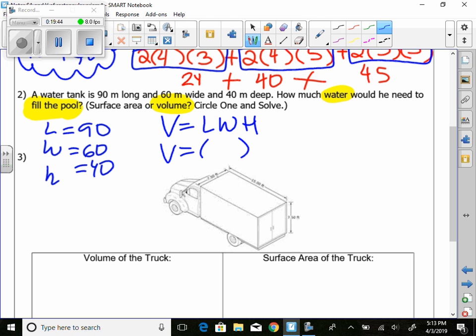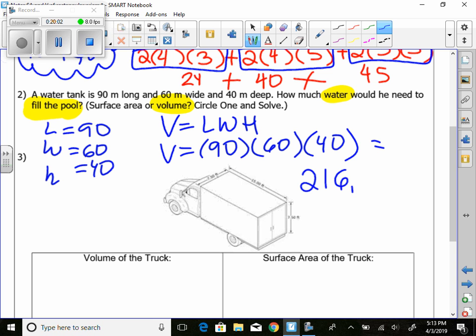So the only thing I need to do with these 3 numbers is to multiply them together. Easy breezy. So 90 times 60 times 40 is, ooh, big number. 216,000 cubic meters of water.